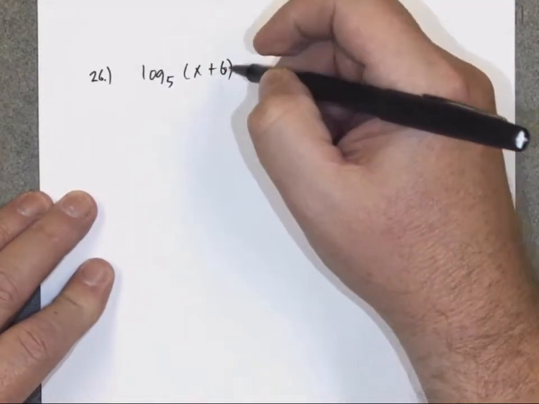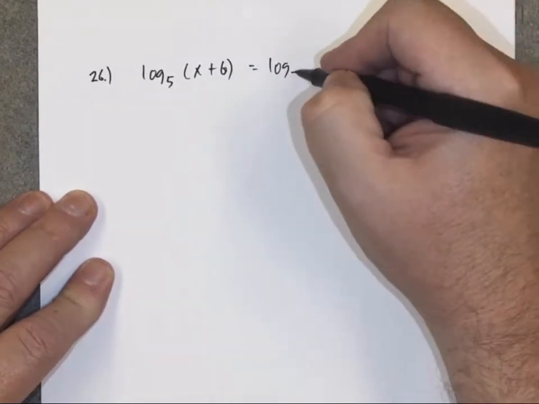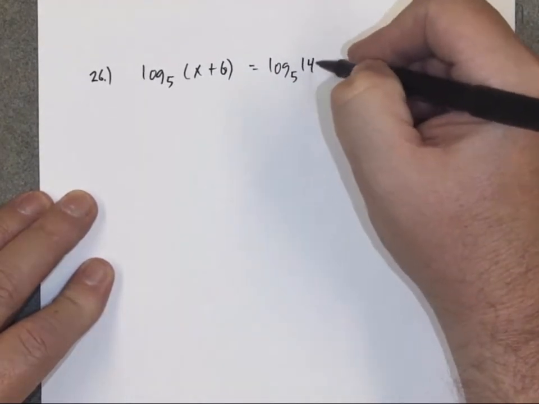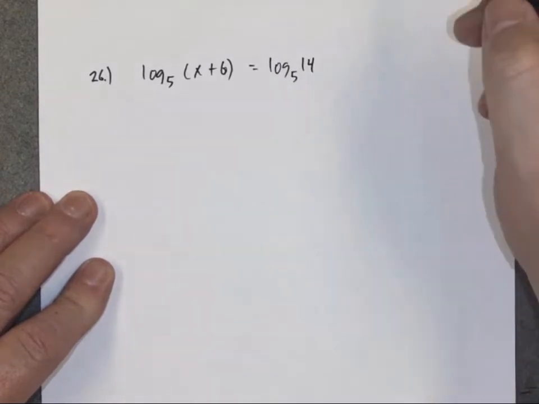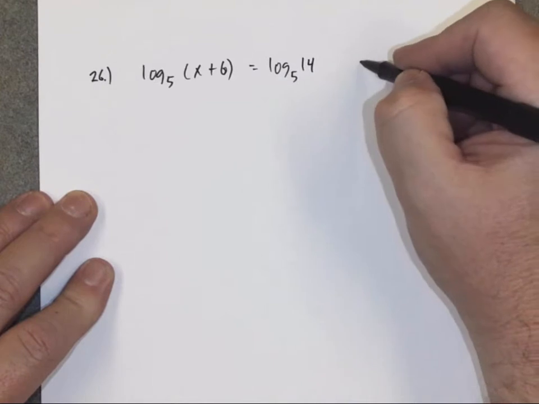Log base 5 of x plus 6 equals log base 5 of 14. And basically, we're asked to solve this equation.